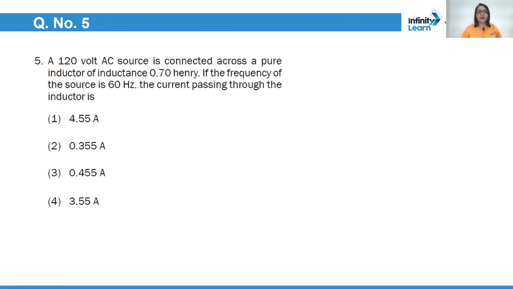Question number 5. A 120 volt AC source is connected across a pure inductor of inductance 0.70 Henry. If the frequency of the source is 60 Hertz, the current passing through the inductor is. So frequency of the source is given as 60 Hertz, and we have XL is equals to 2 pi FL.